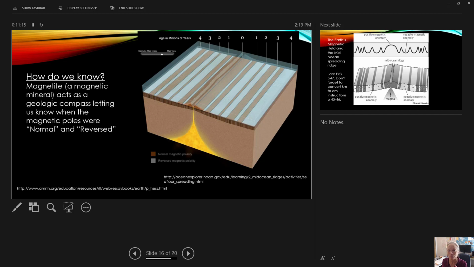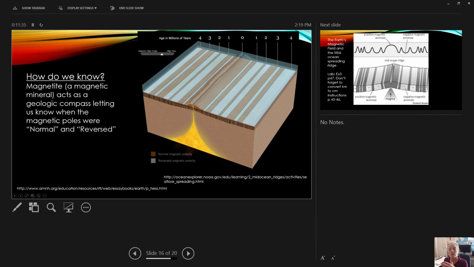So basically, this adds more evidence to the theory of plate tectonics, right? Because we noticed that 1 million years ago on this side of the spreading ridge, it looks like there was normal polarity.